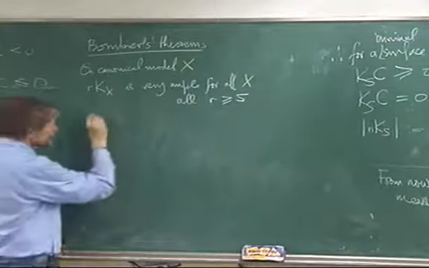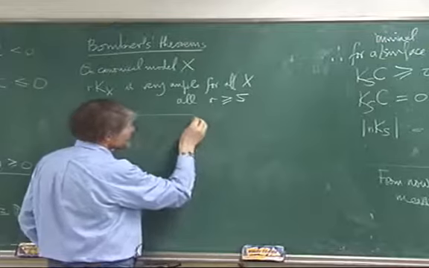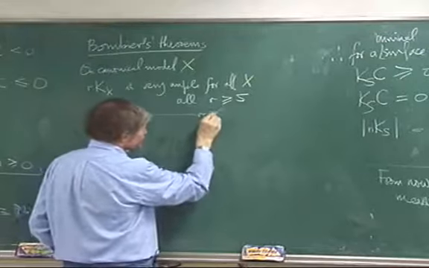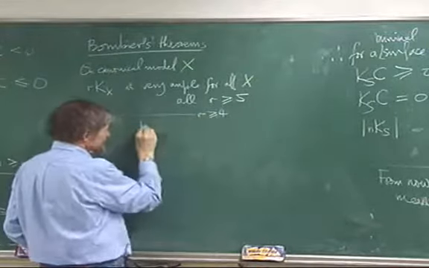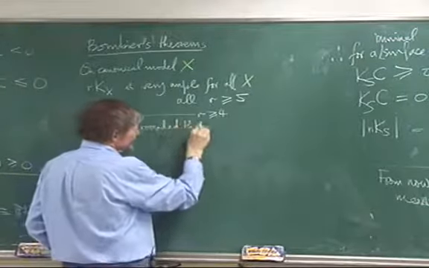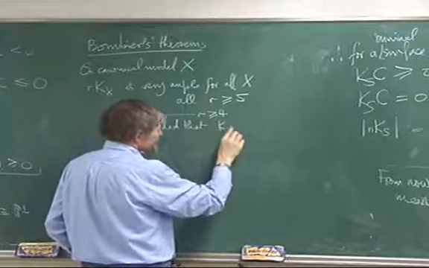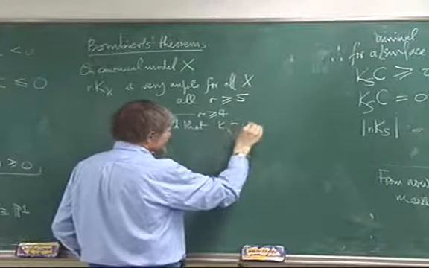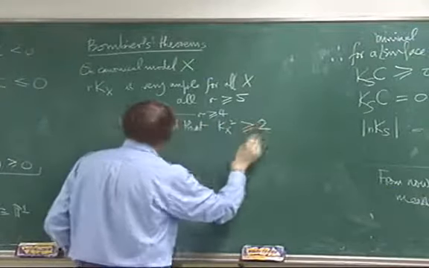Right, and then the same thing for all r greater than or equal to 4, provided that KX squared is greater than or equal to 2.